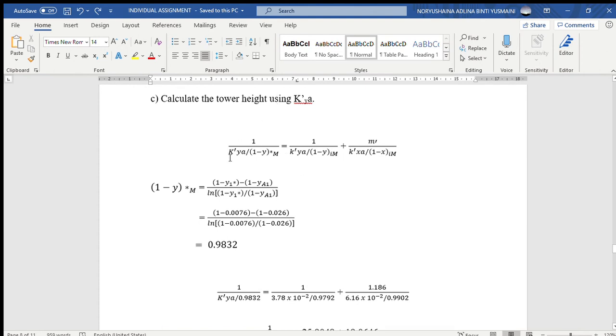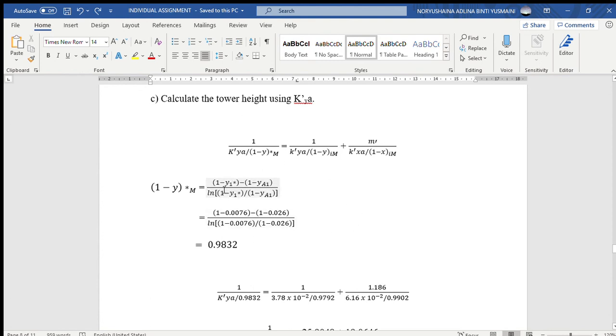So before we can obtain the value for capital K prime Ya, we must first have the value of 1 minus y star m. To find the value of 1 minus y star m, we need this equation. This equation also can get it from the appendix. So we need the value for y1 star, or denoted as y star 1. It is all the same.